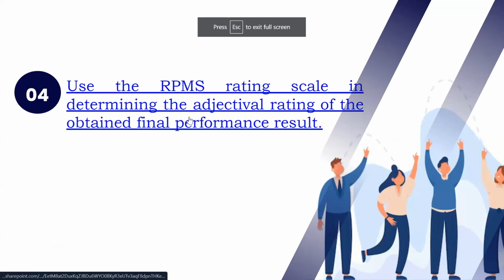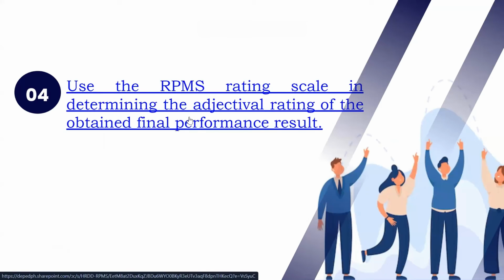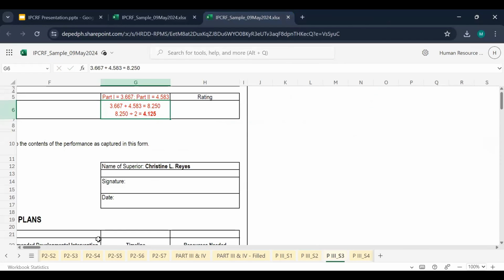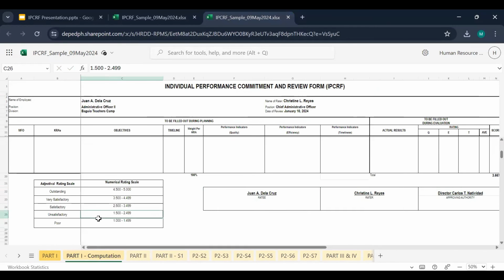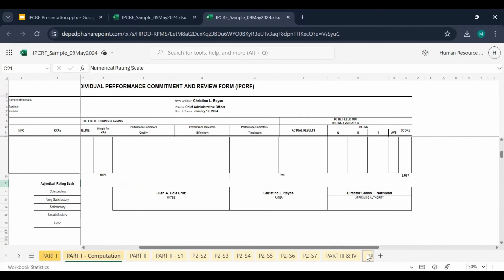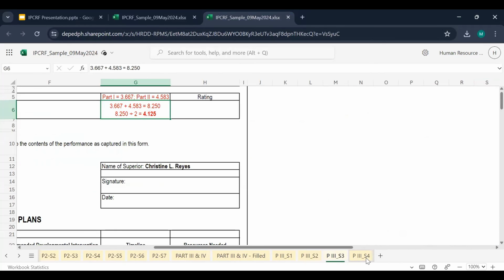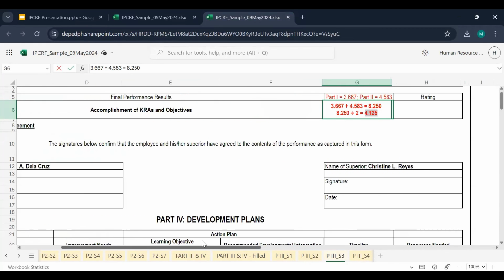In determining the adjectival rating of the obtained final performance result, use the RPMS rating scale. You can see it under the bottom section of part 1. So again, Mr. De La Cruz got a 4.125. Let's take a look at the RPMS ratings table.